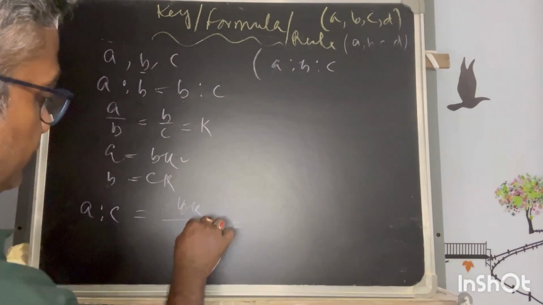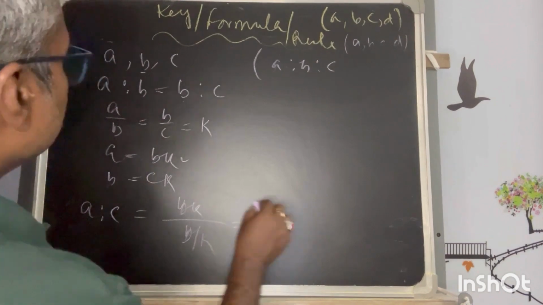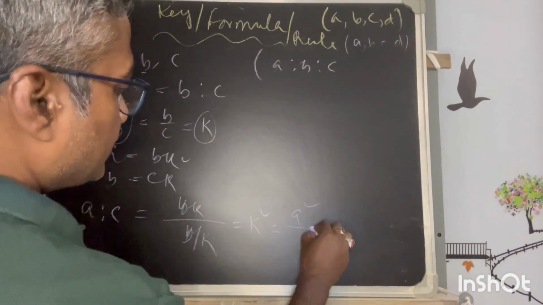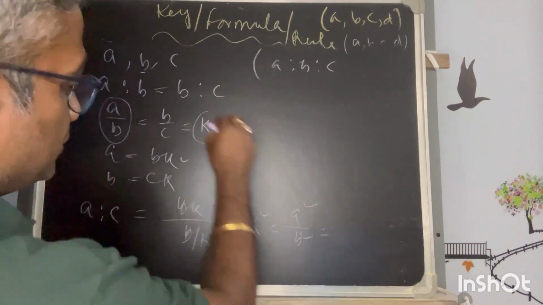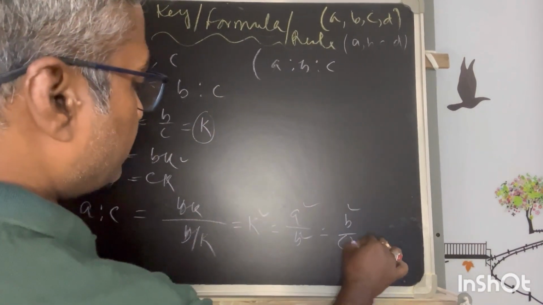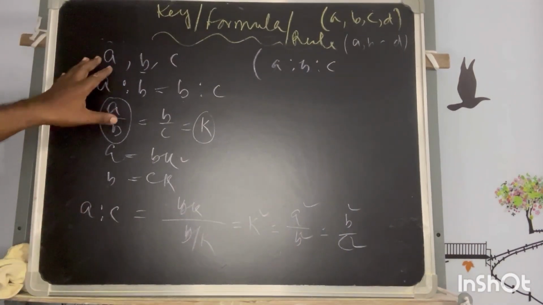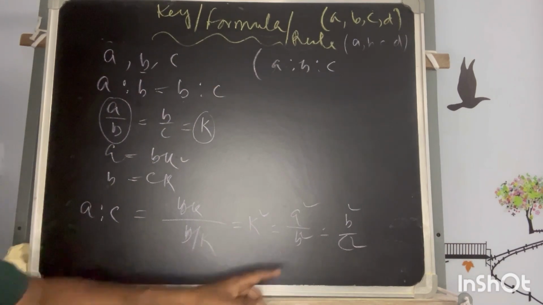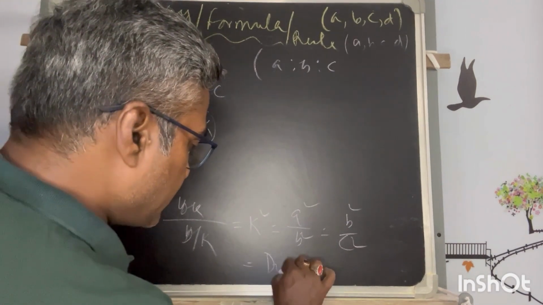So B cancels out, and it is k square. That means k is what? Either A square by B square or B square by C square. Any of these two you can write. So that means if they are in continuous proportion, the extremes are in the ratio of the duplicate proportion.